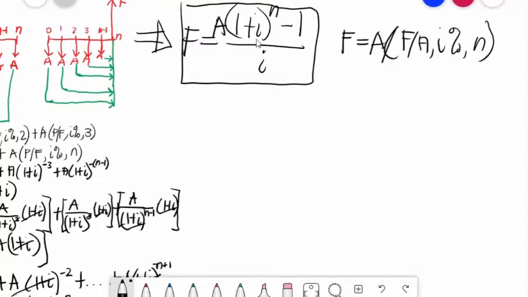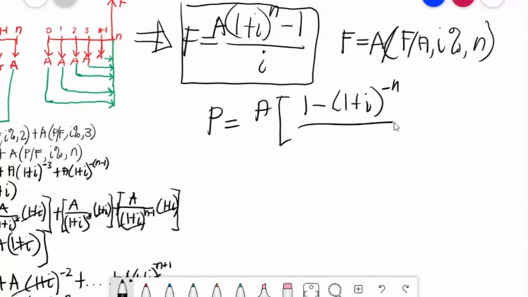And for the present, I write A times (1 minus (1 plus i) raised to negative n) all over i.